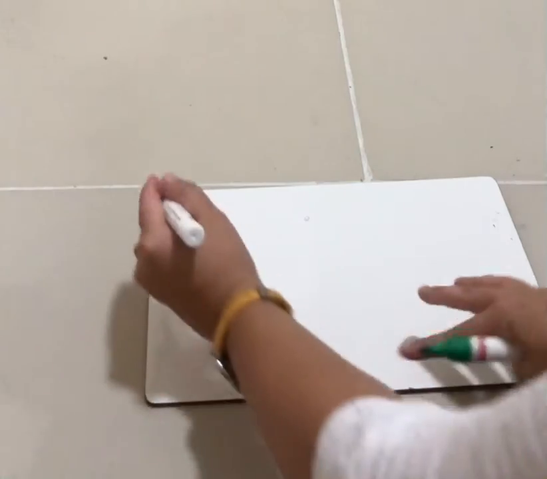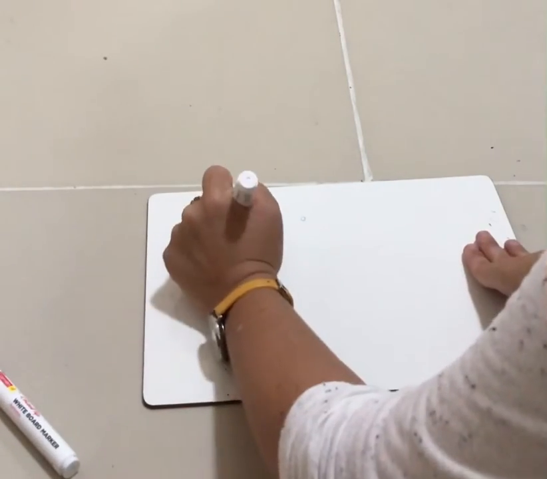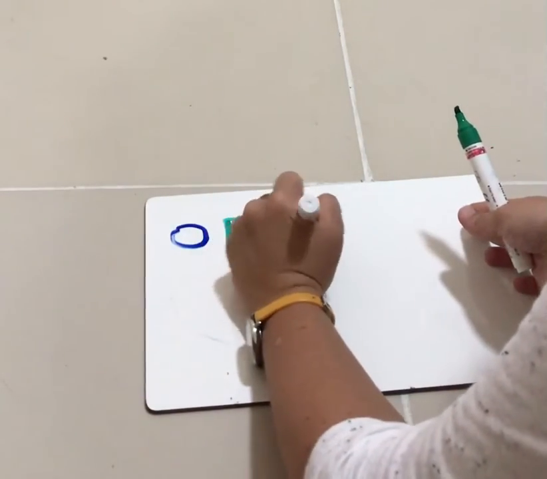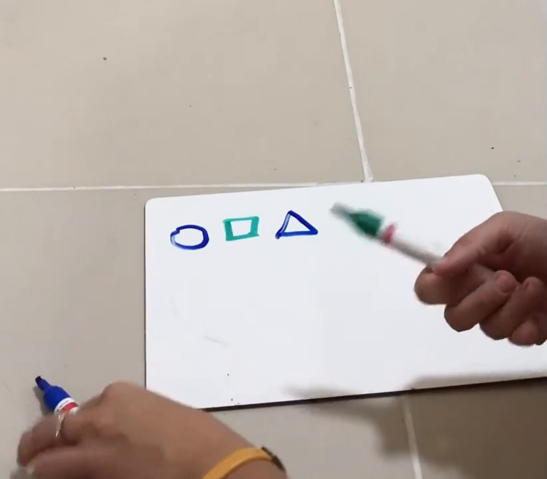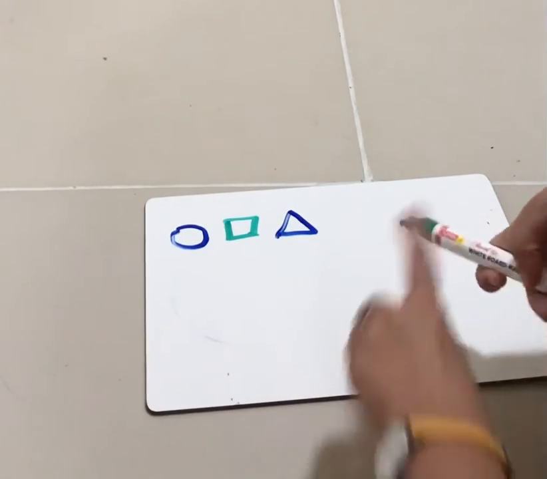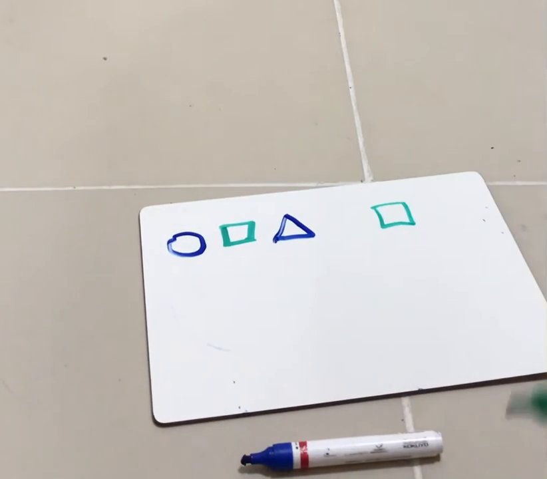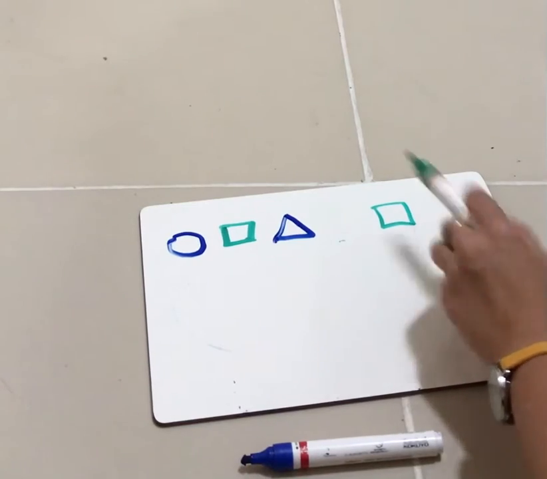Right, I'm going to see how fast I can do this now. Circle, square. Let's do a triangle. Okay, and then right. So, what shape goes here? And what shape goes here?